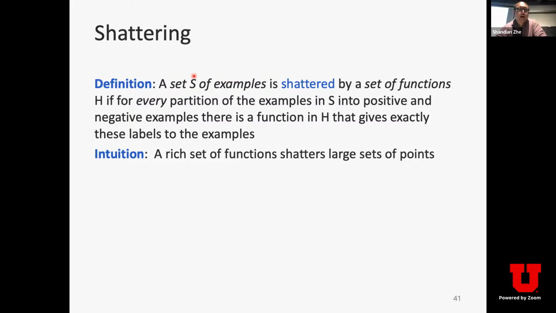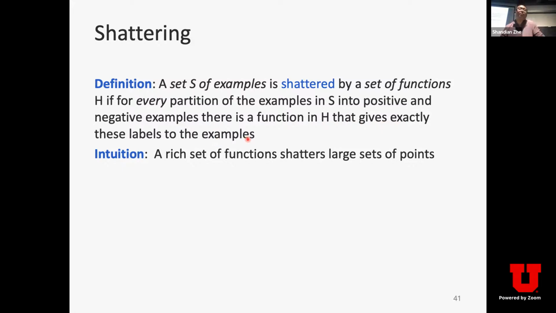Consider a set S of examples. We say S is shattered by a set of functions H. Here H is the so-called hypothesis space. We call S shattered by H if for every partition of the examples in S into positive and negative examples, there is a function in H that gives exactly these labels to the examples.